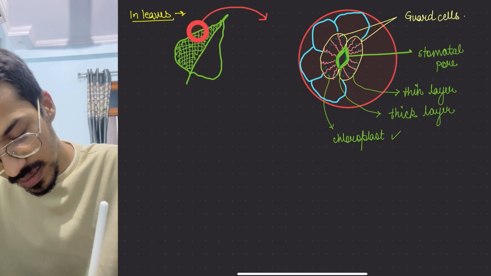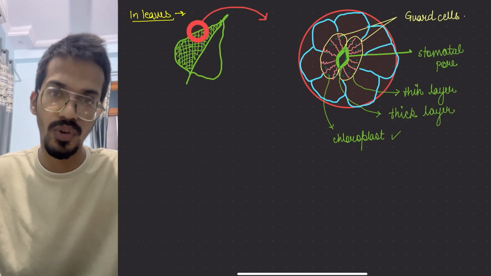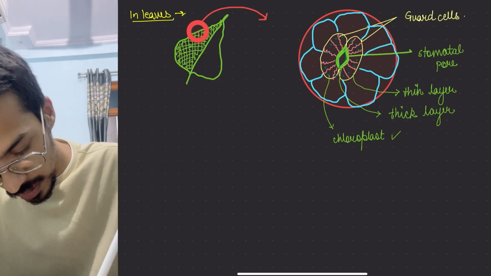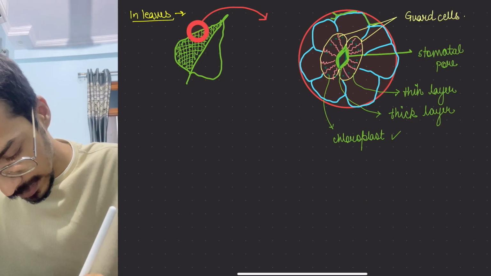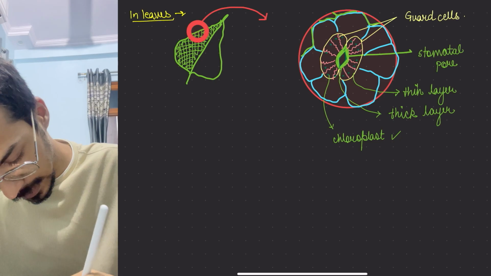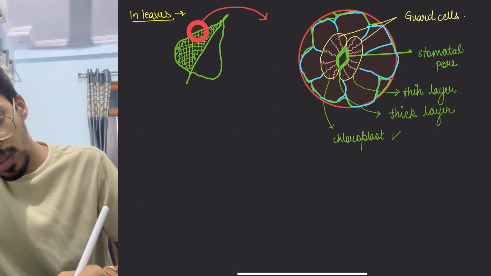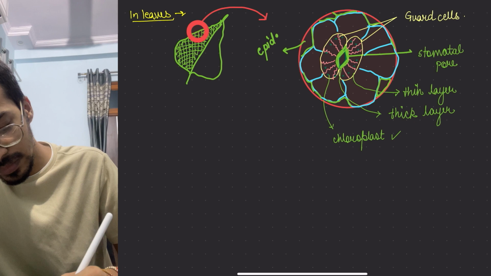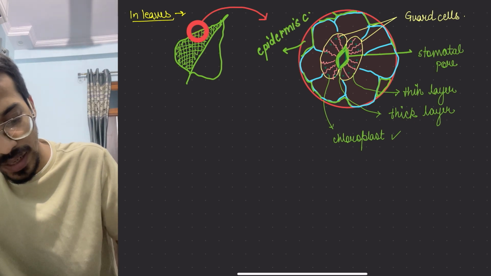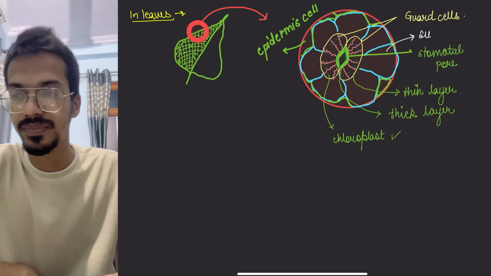And the rest of the cells that would be present, we will be calling normal epidermal cells. So here there would be other cells also. These are the other epidermal cells, whereas these are your subsidiary cells.